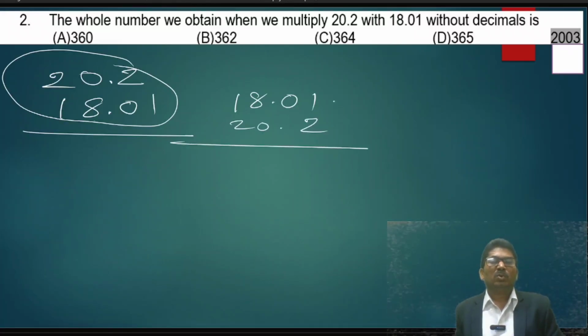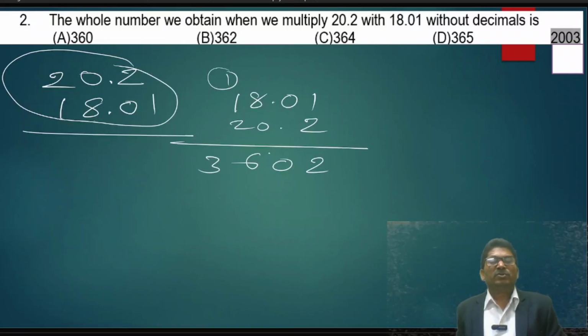2 1 the 2, 2 0 the 0, 2 4 8 the 16, 2 1 the 2 3. First we have to multiply this ignoring the decimal point. These are all zeros only.